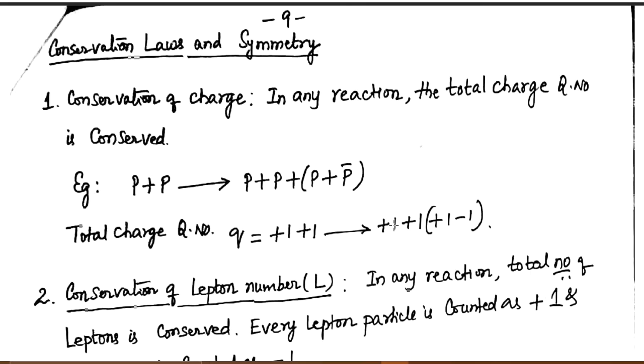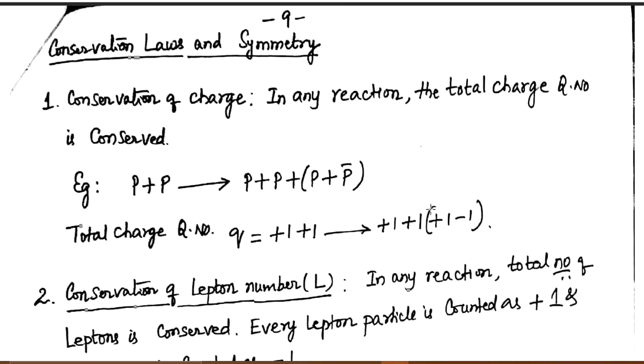On the right hand side of the reaction, +1 for proton, +1 for proton, +1 for proton, and -1 for antiproton. So +1 and -1 cancel each other. Therefore, 1 plus 1, 2. So the quantum number 2 on the left hand side and right hand side are equal.